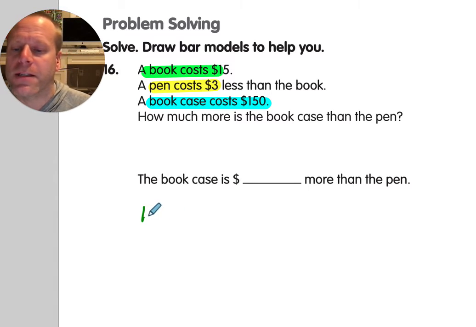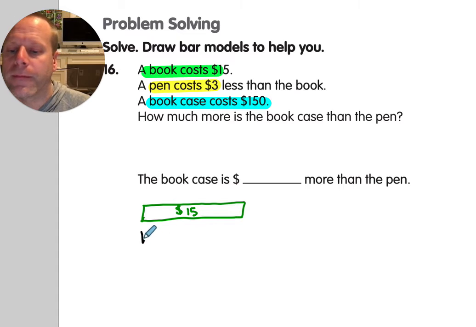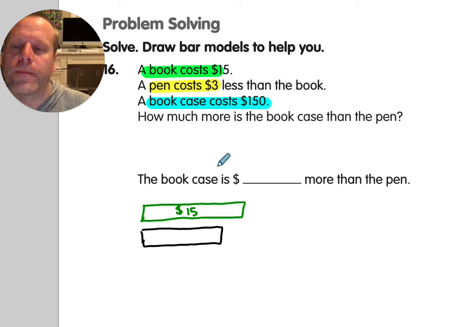Book costs $15. There it is. Pen costs less than the book, but we don't know how much. We know that's yellow though. Put this in green. Okay.